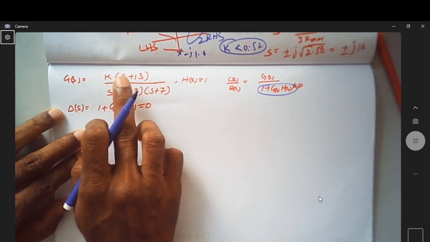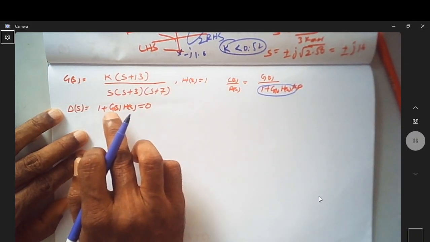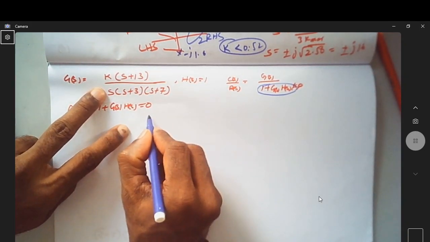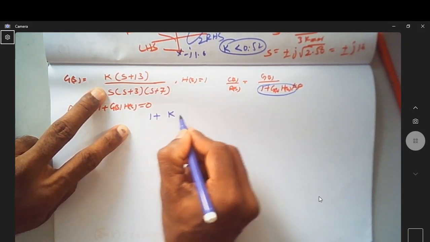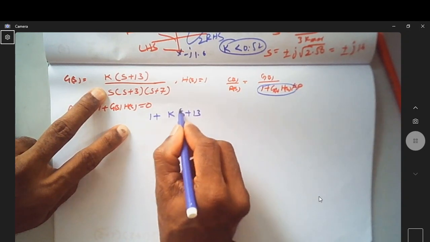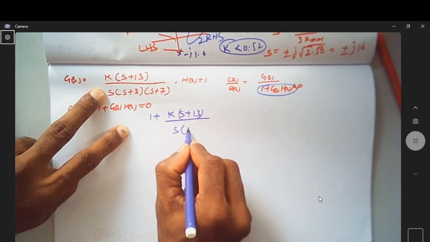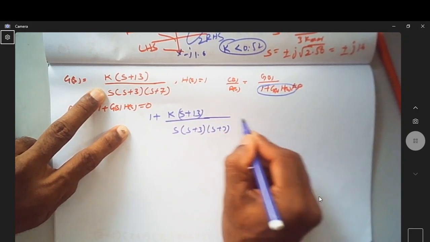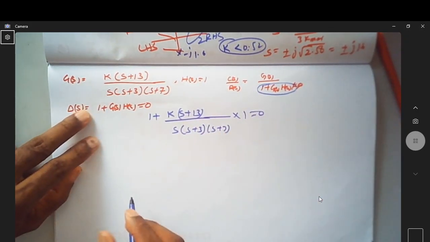So now you have G(s), you have H(s), so 1 plus k into (s plus 13) by s into (s plus 3)(s plus 7) into 1 is equal to 0.